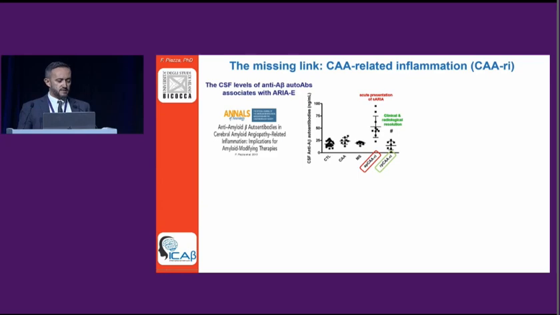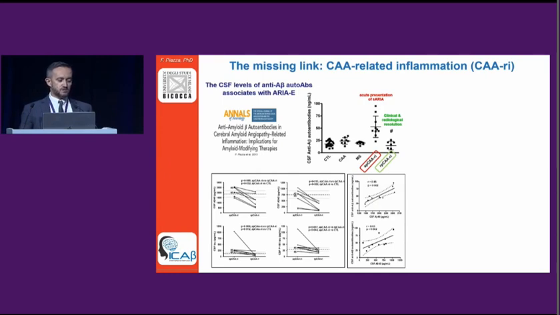In particular, 10 years ago, we showed that in CAA-related inflammation patients, which is a rare condition happening in patients that show the same radiological findings as in ARIA-E and ARIA-H induced in clinical trials, we found that these patients have a significantly increased amount of spontaneously produced anti-amyloid beta autoantibodies. And these autoantibodies return to the same level after the full clinical and radiological remission of the disease.